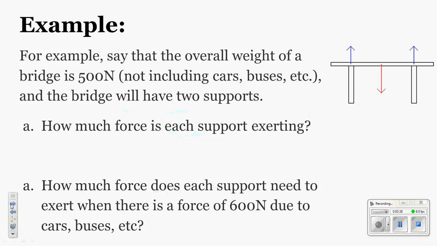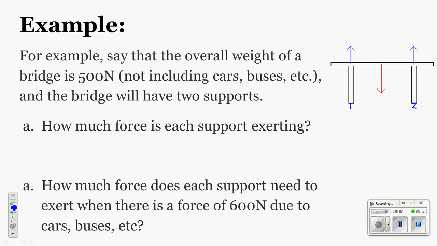So here's an example. We say that the overall weight of a bridge is 500 newtons. That's not including cars, buses, and so forth. And the bridge is going to have two supports. So you see over here that we have one support, support two. We are asked how much force is each support exerting. Well, we know that the bridge itself is 500 newtons.